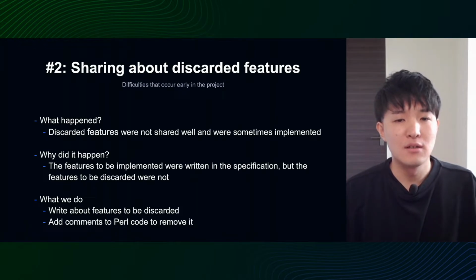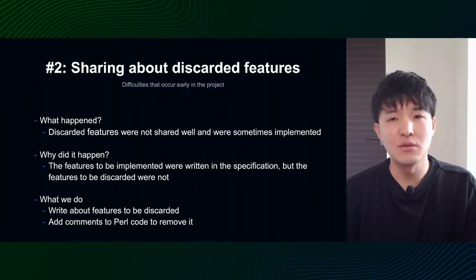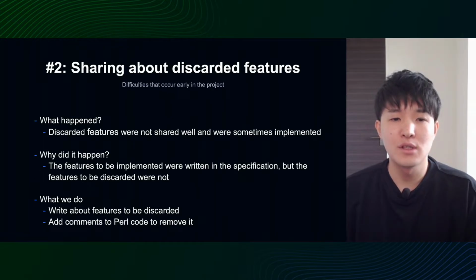The reason why this happened was that the documentation contained specifications that needed to be met but did not describe those which were to be discarded or removed. And then while migrating the Perl code, we accidentally implemented them in Kotlin. The reason why we needed to read Perl is explained in the next page.